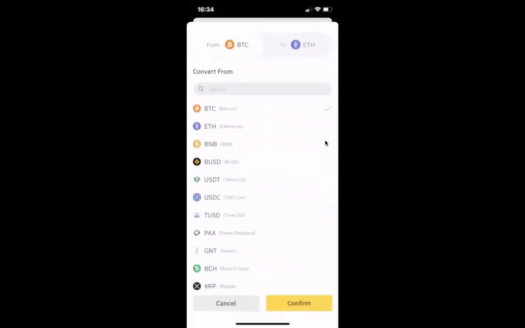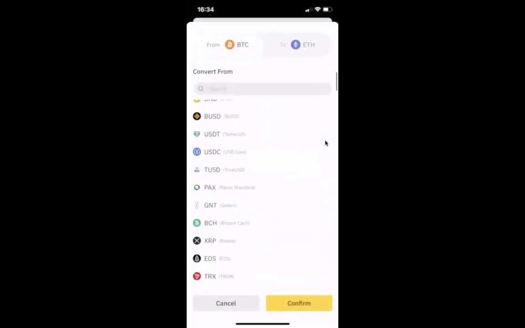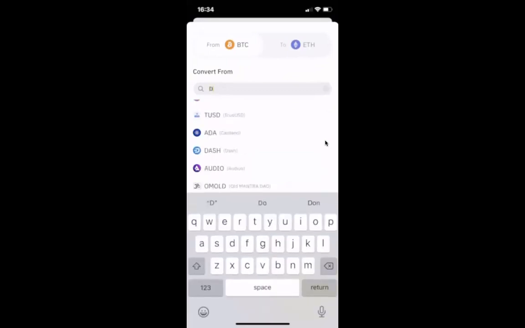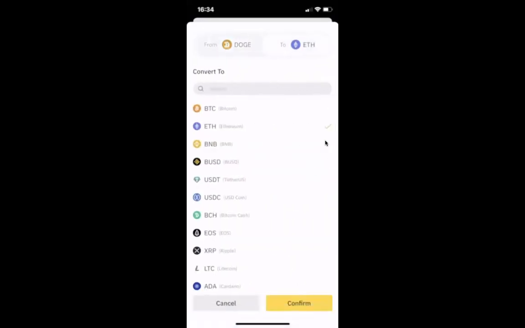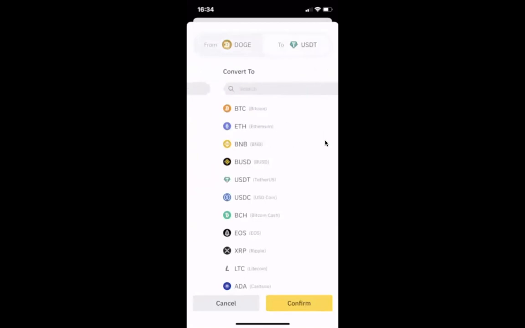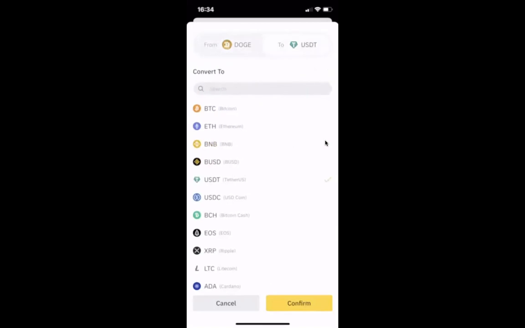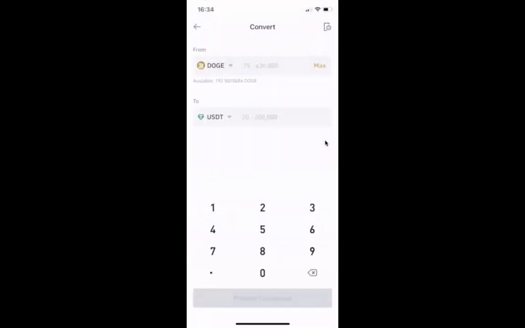What should I even convert? Just an example. So convert those to USDT. Confirm it and state the amount.